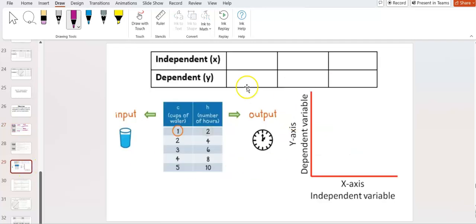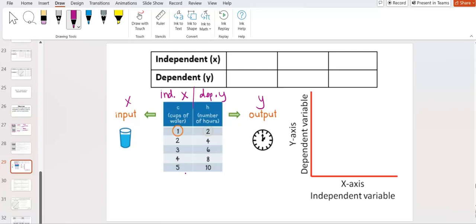All right, so here are some examples. In a horizontal table, independent variables, the x's, are always on top. Dependent is on the bottom. In a vertical table, your independent variable, which is x, is always on the left. And then your dependent variable, or y, is always on the right, because your input here is on the left and your output is on the right.